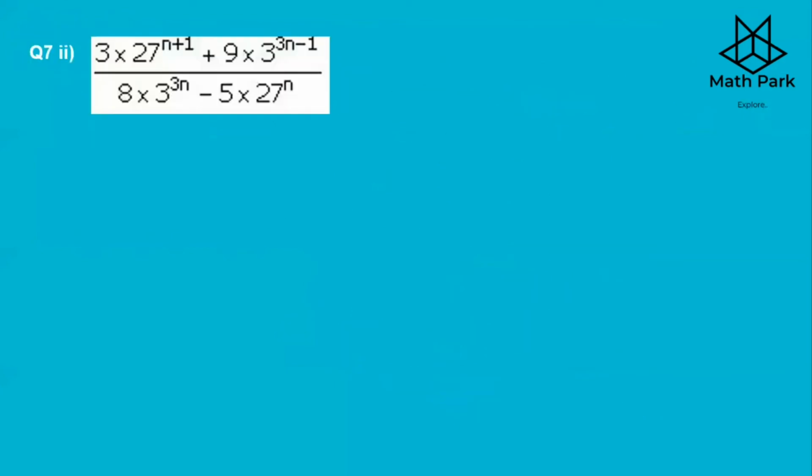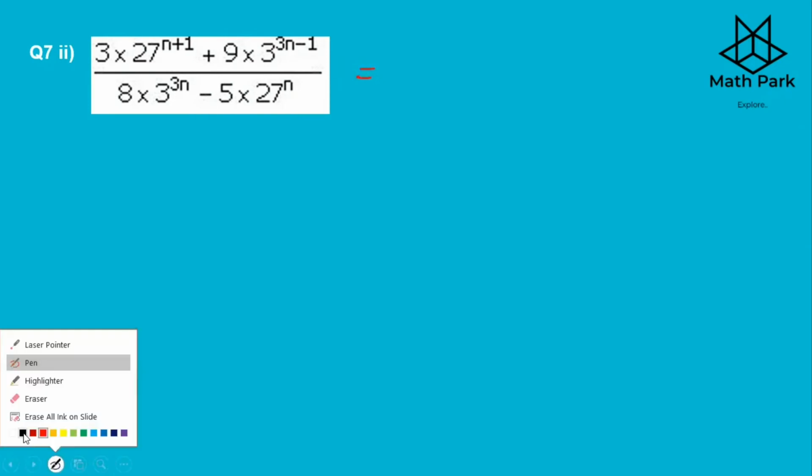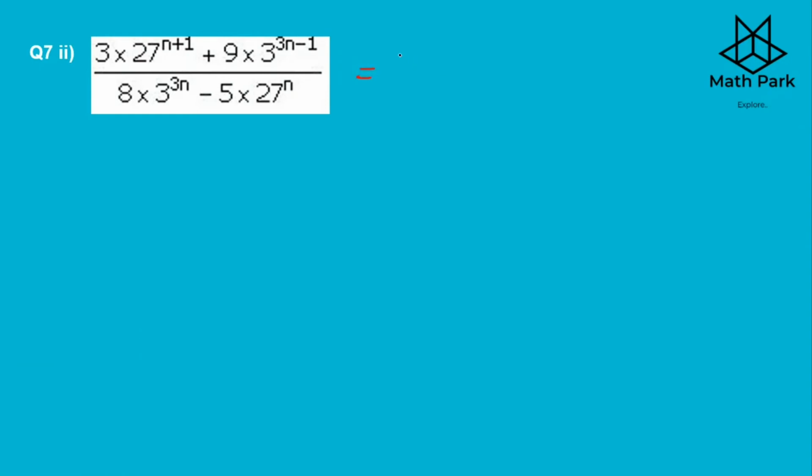Okay. Question number 7, second part. This is again easy. We know 27 is the cube of 3. So we write it as 3 raised to 3 instead of 27.